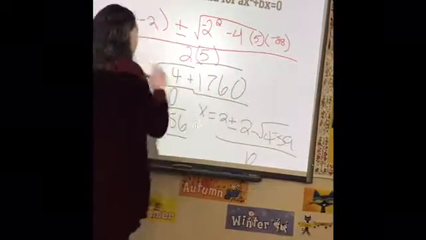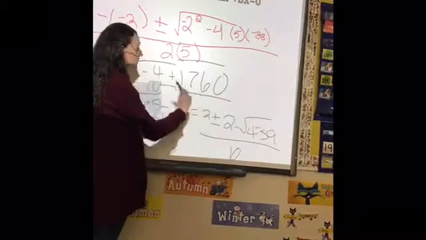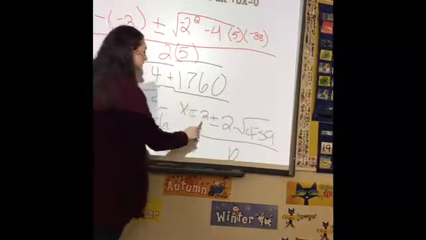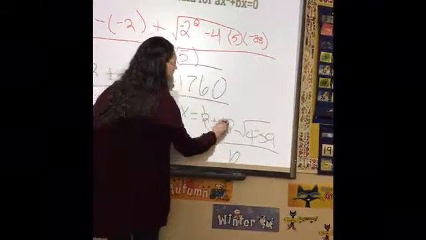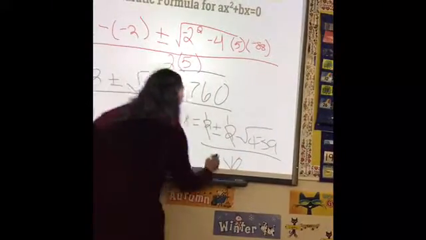Okay, so then we're going to simplify and divide everything by 2. So then this will become 1, this will become a 1, and this 10 will become a 5.